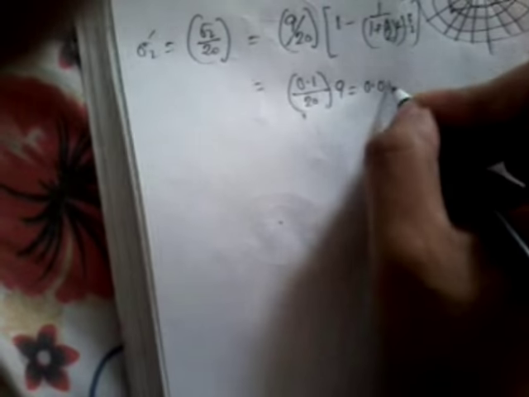From there we get 0.005 q, the value of each segment of sigma z. This will be 0.005 into q.